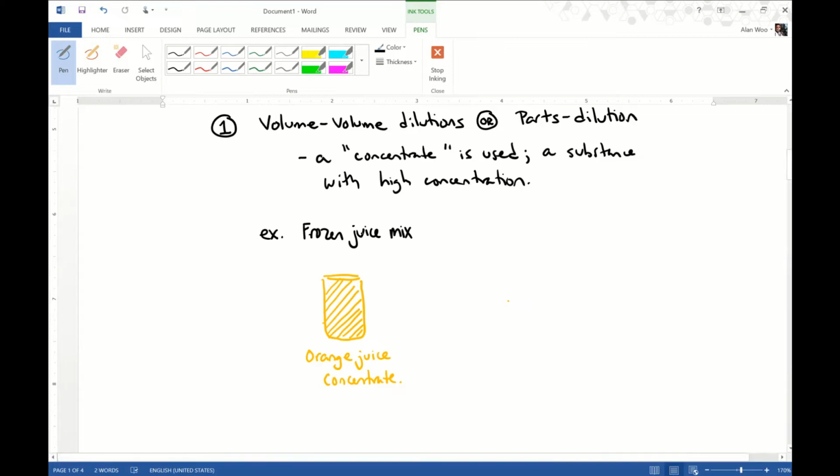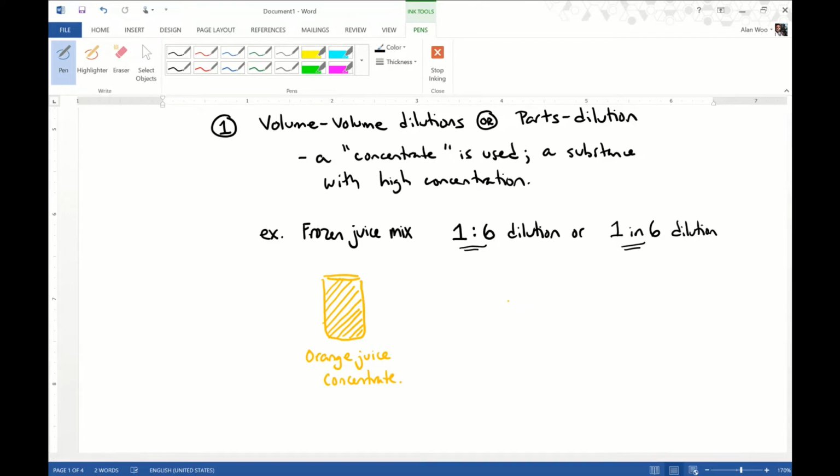If we're talking about frozen juice mix, you might see something like a 1:6 dilution, or it could be written as a 1 in 6 dilution. Either way is fine, whether you use the ratio or the word in, they both mean the same thing.